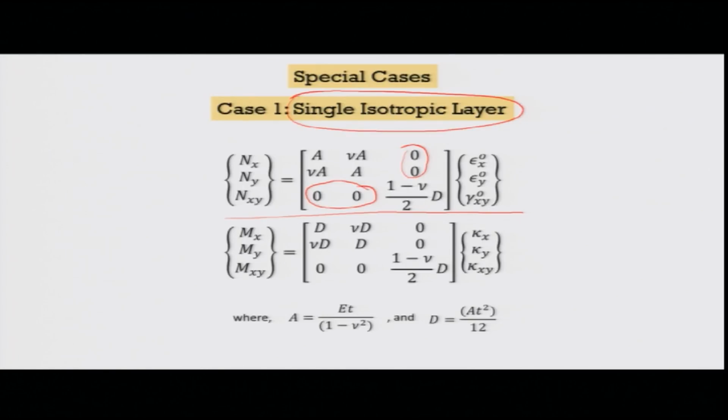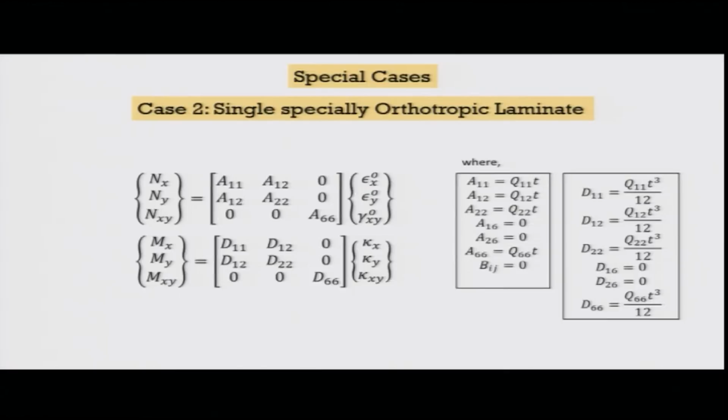And similarly, here you would see that the moments will not have any effect on the twisting. So, these terms are 0. So, for a single isotropic layer, all these couplings you will be missing. That is why we would not go for a single isotropic layer, because we want to create most of the times all these things. How about if I go for a single spatially orthotropic laminate?